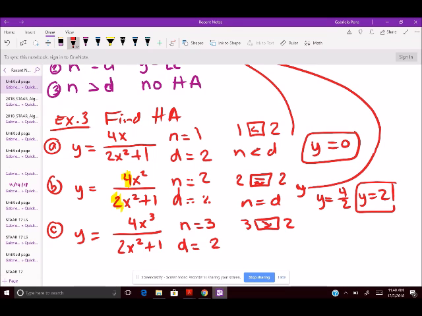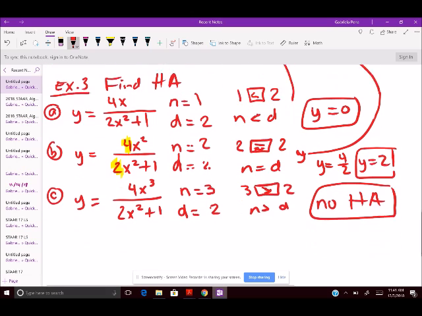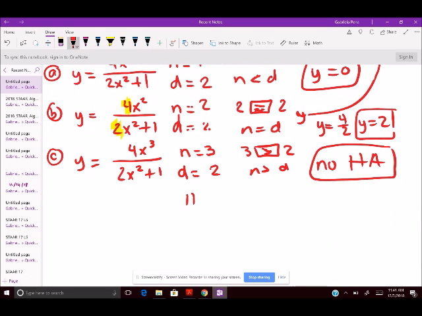Greater than. When it is greater than, we are in the third one, where we put there is no horizontal asymptote. So those are the 3 situations. Now this here is good for problems 5 through 7. So number 5 through 7 on your worksheet, that's what we do.